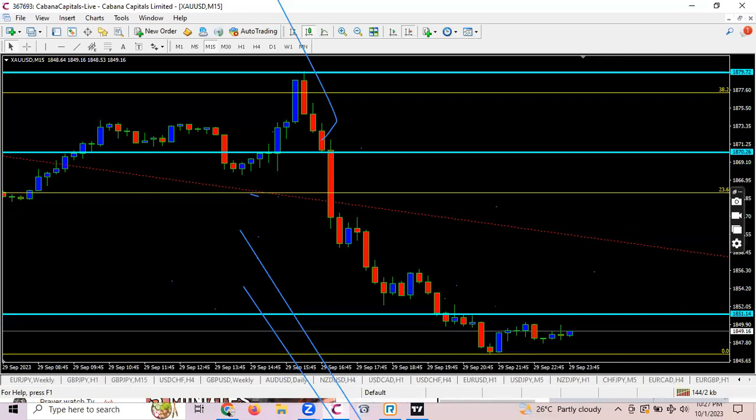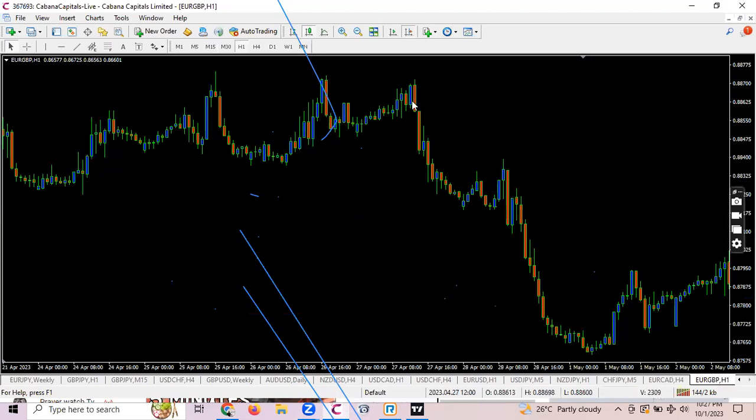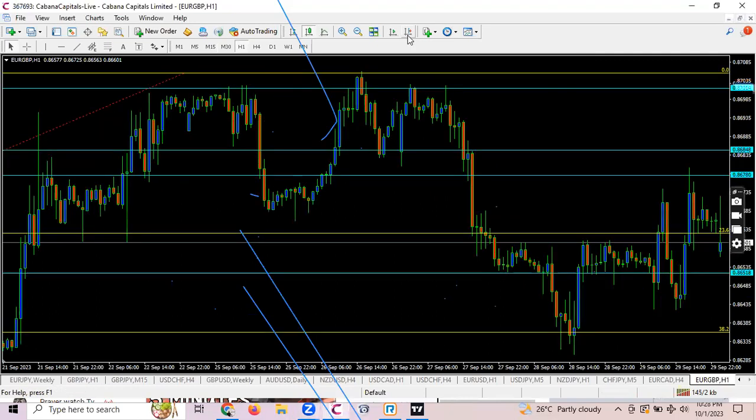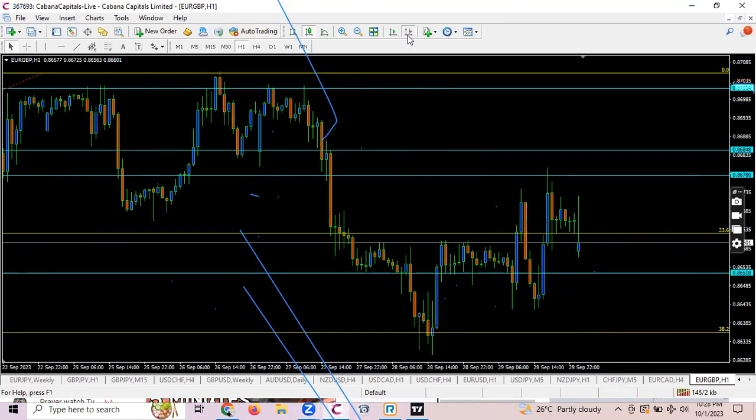Euro GBP. The seven major currency pairs: Euro USD, GBP USD, USD CAD, USD JPY, USD CHF, New Zealand USD, Australian dollar USD. Those are the 7 major currency pairs.